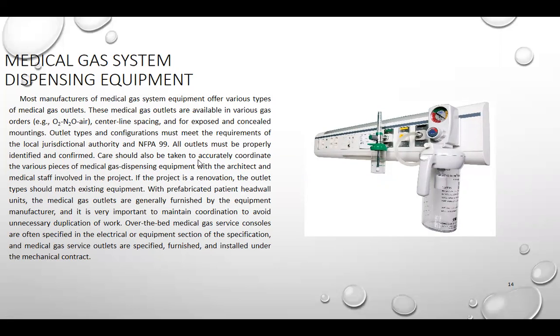All outlets must be properly identified and confirmed. Care should also be taken to accurately coordinate the various types of medical gas service equipment with the architect and medical staff involved in the project. If the project is a renovation, the outlet type should match existing requirements.